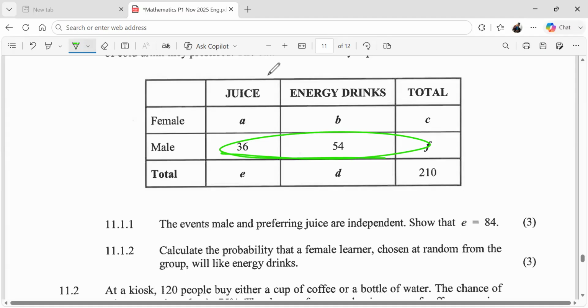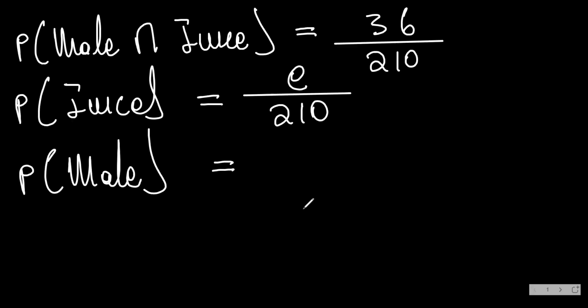So 36 plus 54 becomes 90. So the probability that a learner is male will be 90 out of a total of 210. So now we can use independence. We had to get those three facts straight.